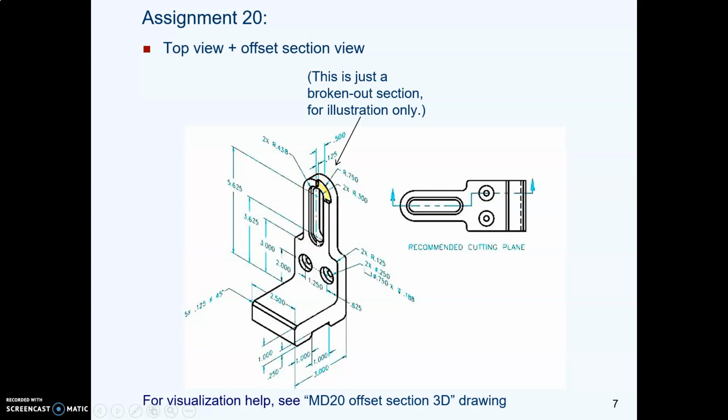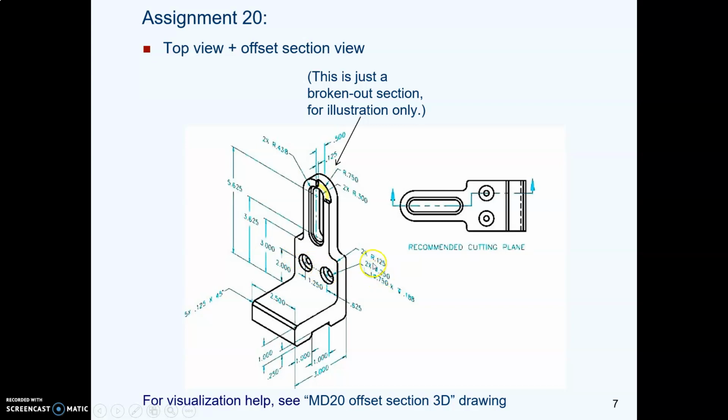And stuff is happening with that slot, it looks like. Looks like that slot might be sort of a slot-shaped counterbore. And then also in that leg of the L, we have two counterbored holes.